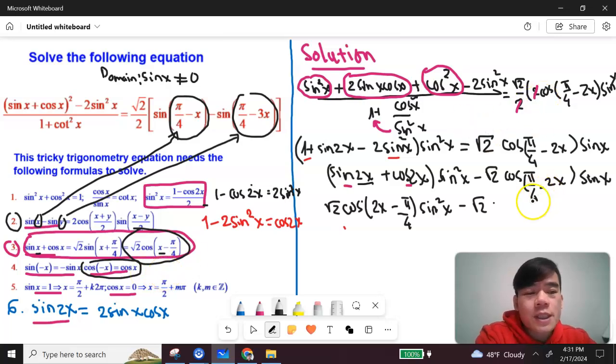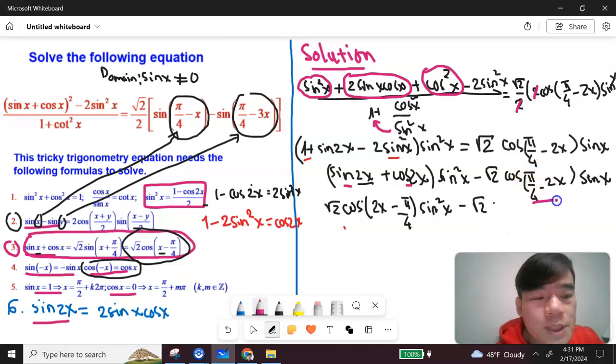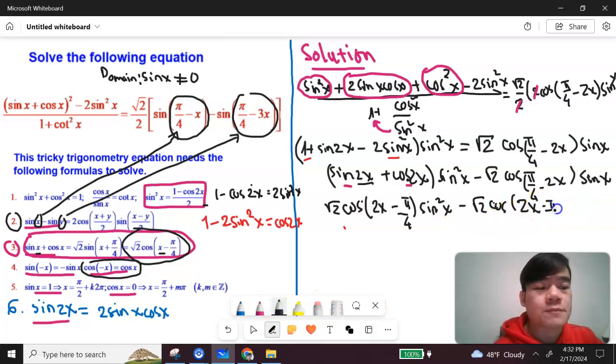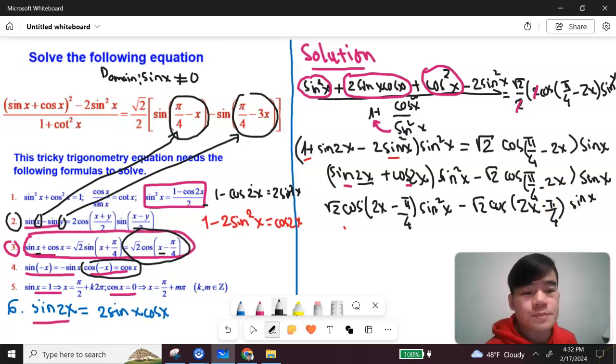So I just put a subtraction sign in front of pi over 4 minus 2s, and it turns out to be 2s minus pi over 4. Because the cosine function is even, it turns out to be cosine of 2s minus pi over 4, like this, and then times sine s equals 0.